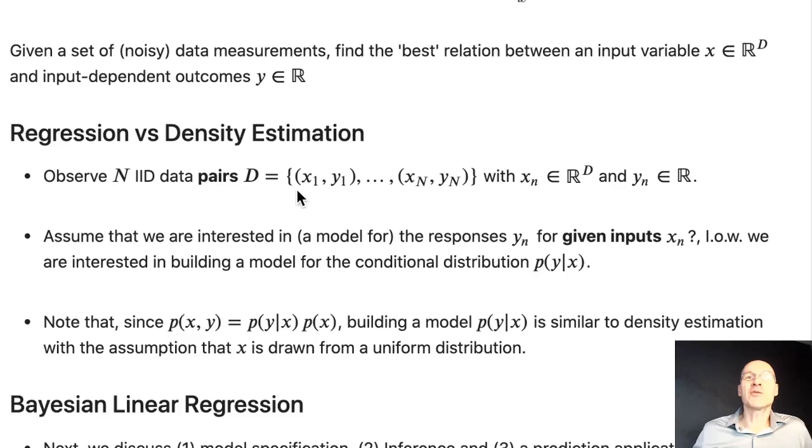So we observe a bunch of data points, x1, y1, where x is the input and y1 is the response. Note that both need to be given, both need to be observed. We're talking about supervised learning here. One way of going forward is to say x1 and y1, that's a vector, I'm going to call that vector x.